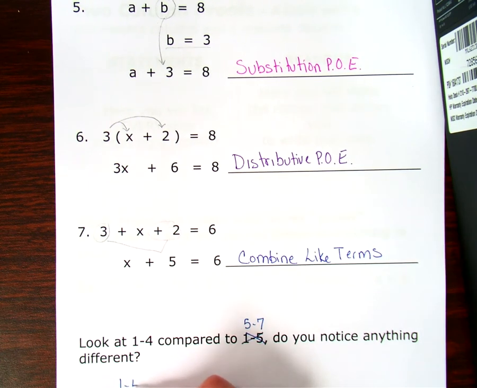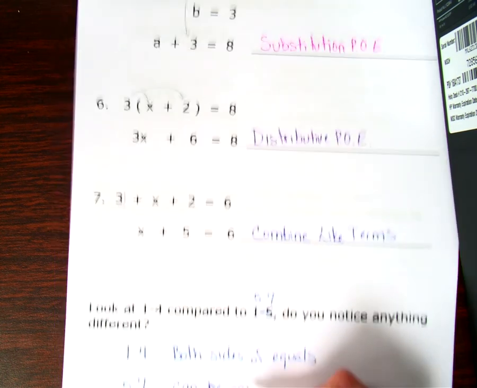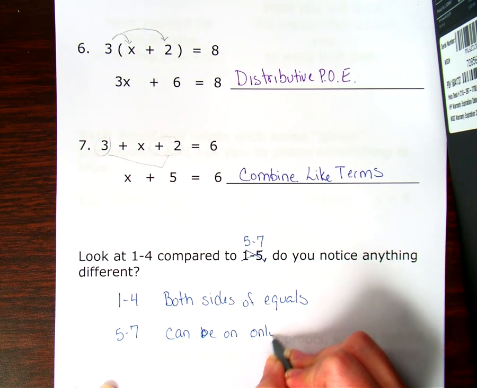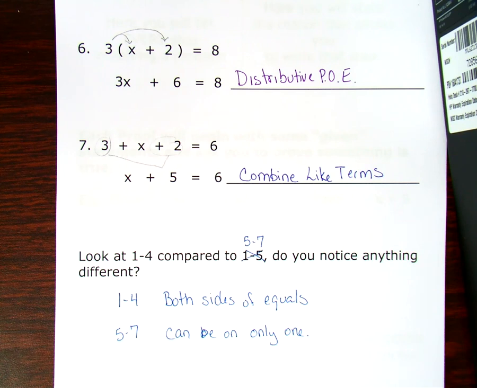So for 1 through 4, it's going to be on both sides of the equals. For 5 through 7, it can be on only one. Oops, y'all can't see what I'm writing. Okay, so that's going to be the difference.